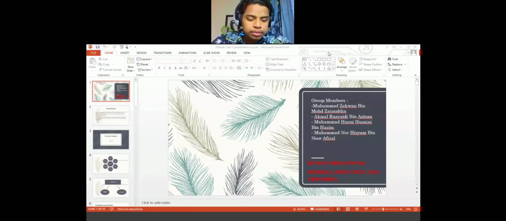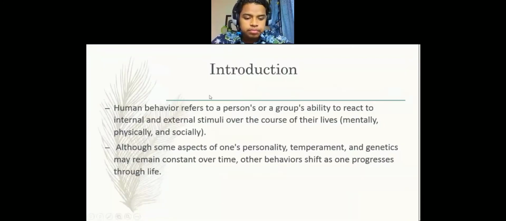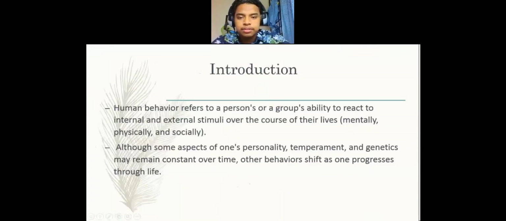Okay, we're going to present about human behavior, morals, principles, and theories. Human behavior refers to a person or group's ability to react to internal and external stimuli over the course of their life, mentally, physically, and socially.